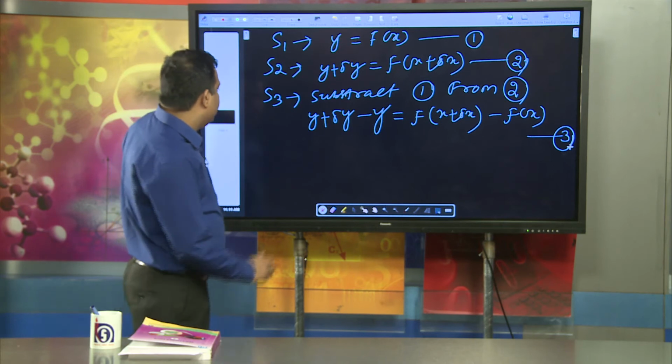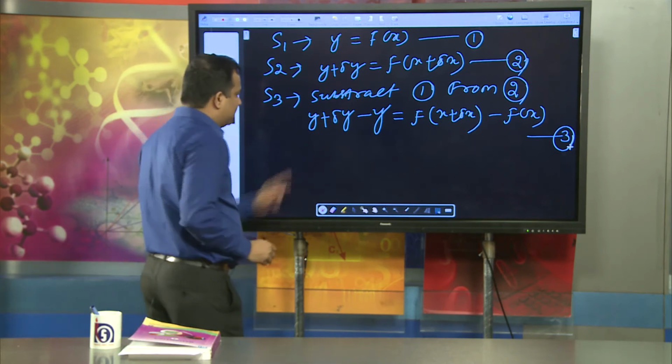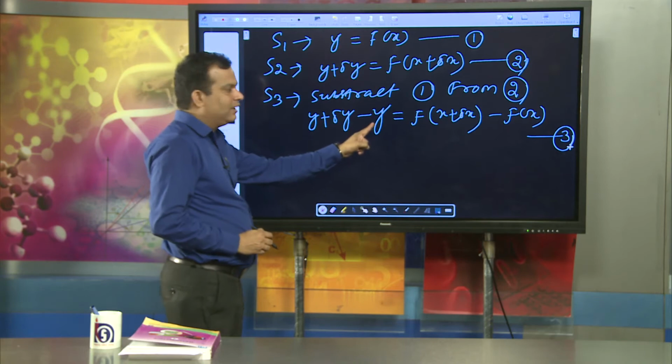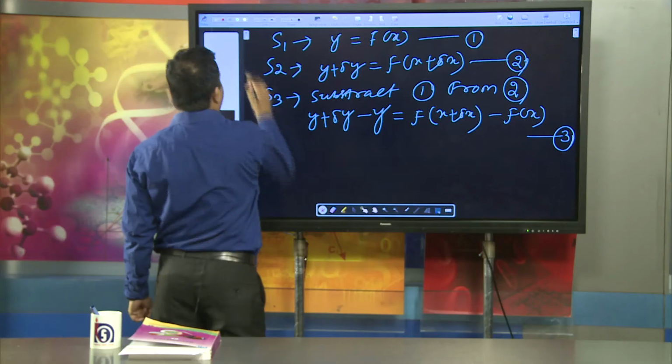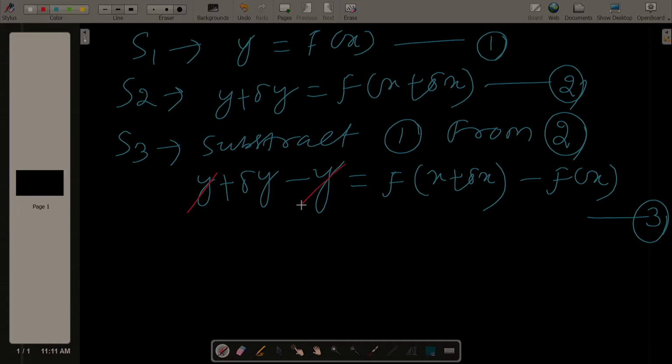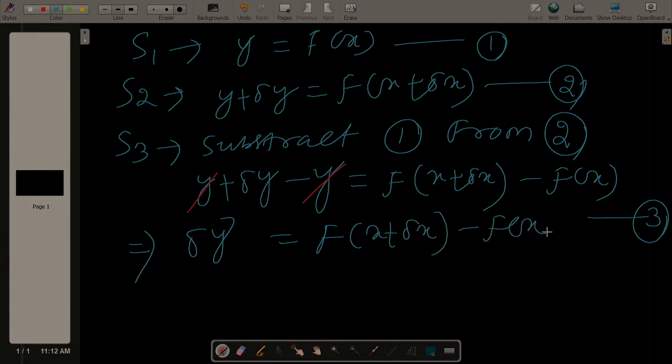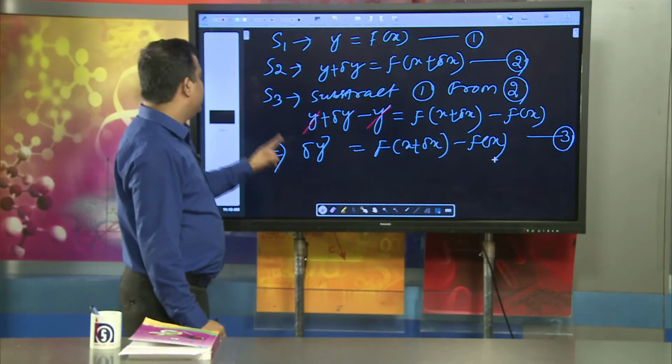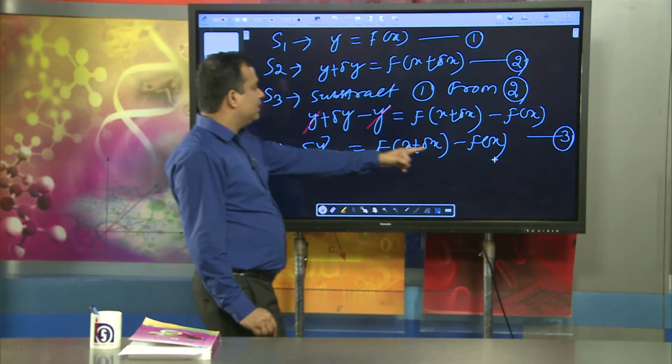You just simplify step 3: plus y and minus y will be cancelled. So finally, we will get del y equal to f of x plus del x minus f of x. This is equation 3.